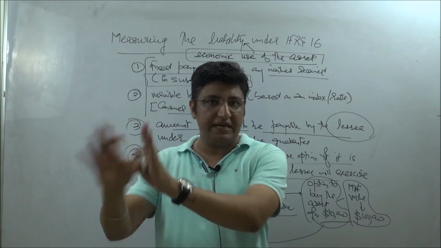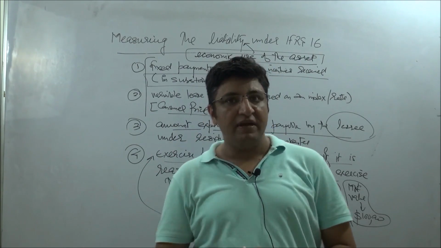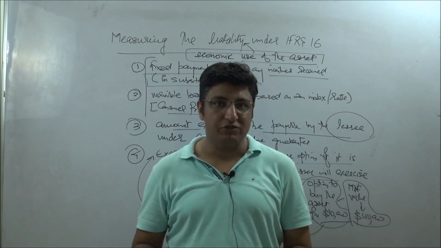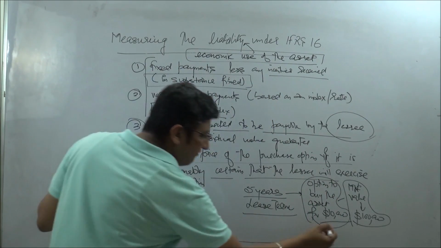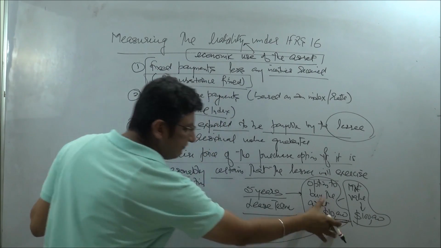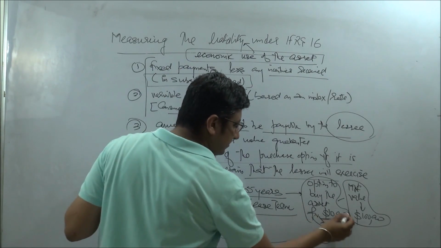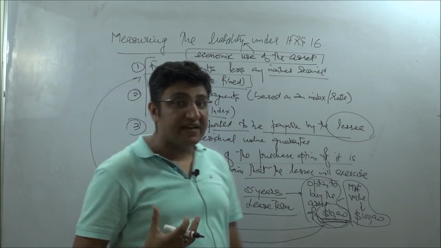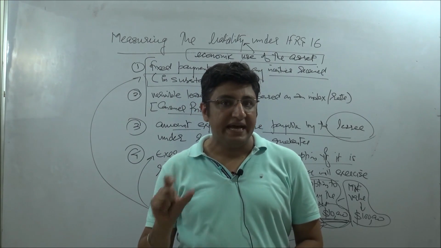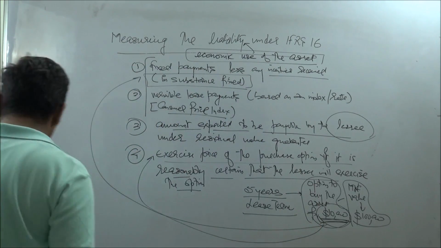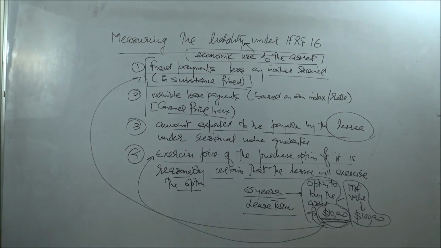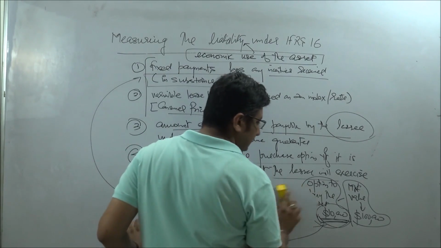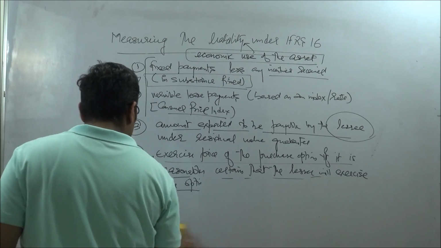Quite clear. No reason to believe that the lessee will not pay this $10,000, which in substance makes it a fixed payment in terms of its nature, right? So we need to consider here the exercise price of the purchase option, if it is reasonably certain that this option will be exercised.